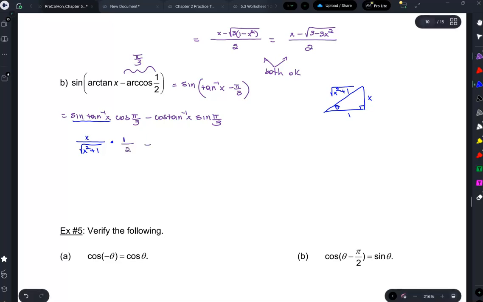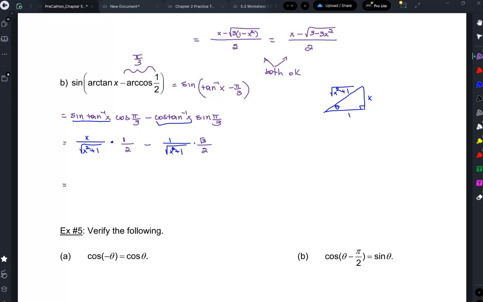Okay, here, right. But it's a sine. So this one, we're back at the triangle. Now we have 1 over the square root of x squared plus 1, times sine of pi over 3, root 3 over 2.